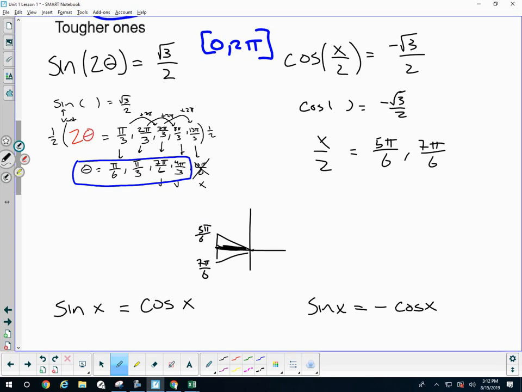What do I do to solve for x? Multiply by 2. Multiply everything by 2. 5 pi over 3, or 10 pi over 6. 7 pi over 3, or 14 pi over 6.